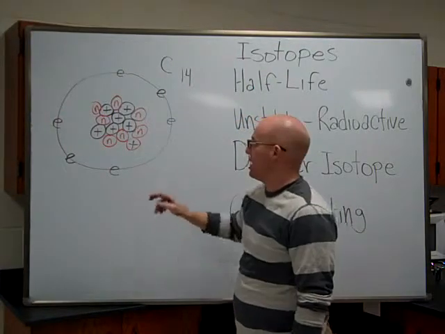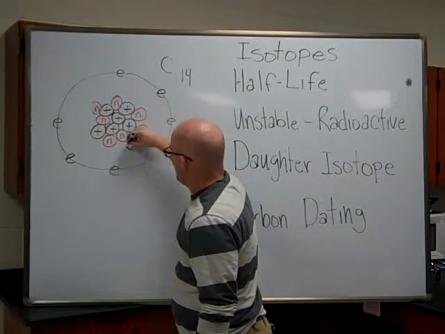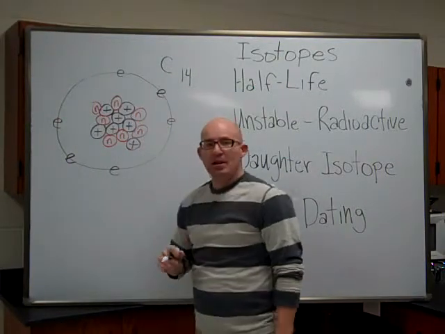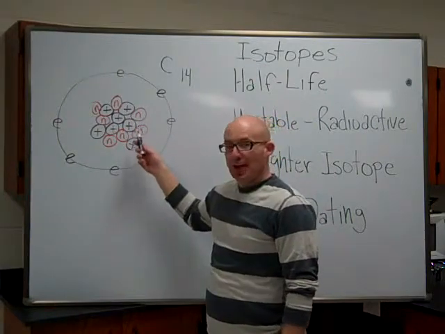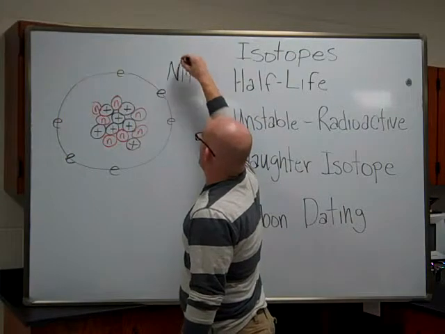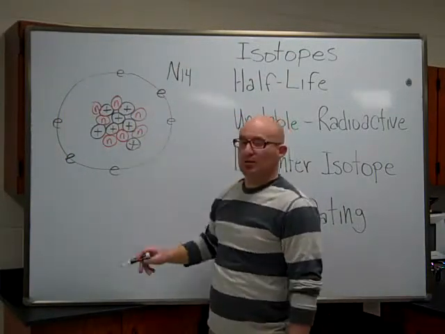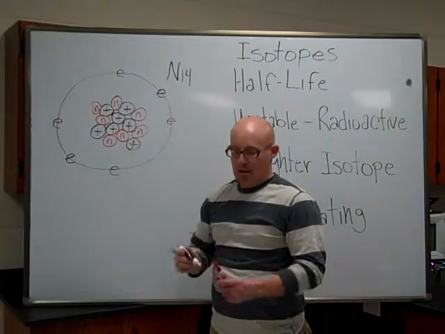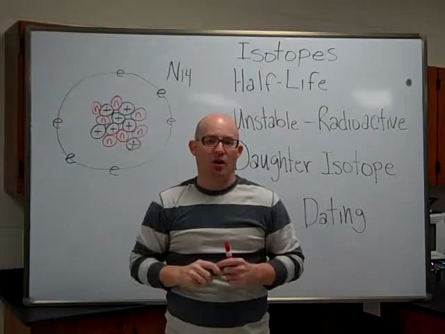Remember from biochemistry, if I add a proton to an atom, it changes the atomic number, it changes the atom itself. So this just became nitrogen-14. My radioactive carbon just changed into nitrogen. I now have 7 protons, 7 neutrons.